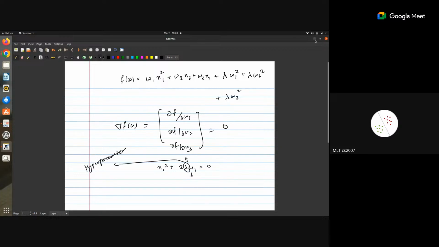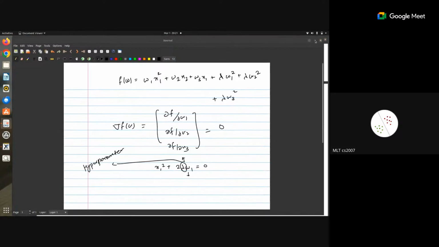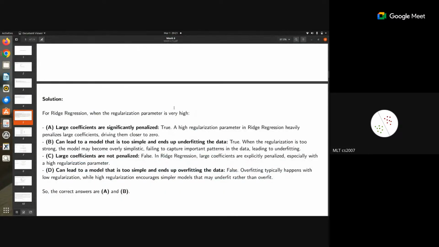So if your lambdas are very high, that will affect your coefficients, and then your model becomes too simple. If your model becomes too simple, what does that mean? Maybe your training error may be lower, but the test error will be higher. This is the underfitting case.